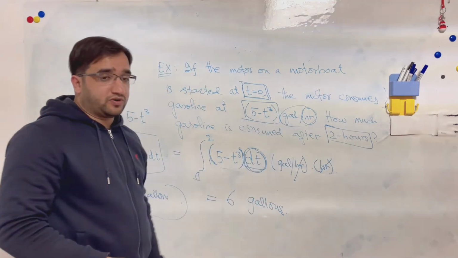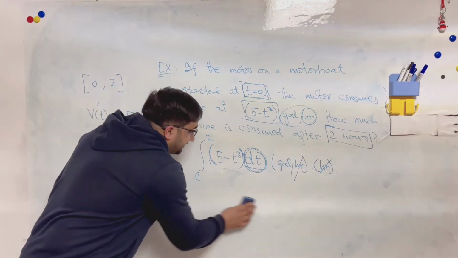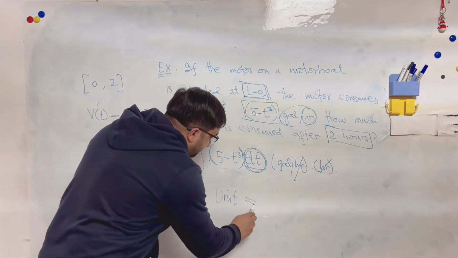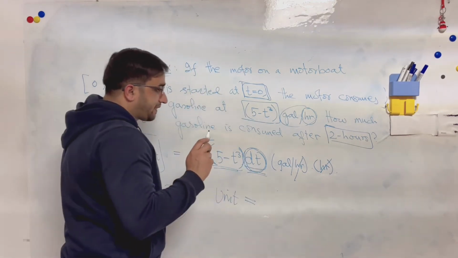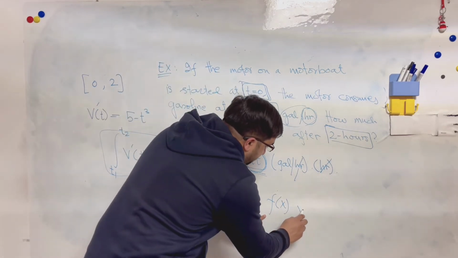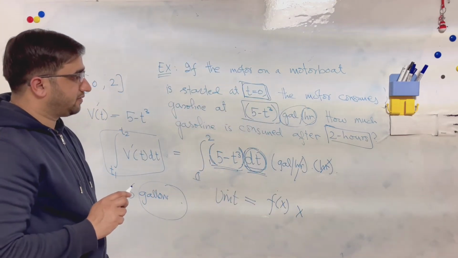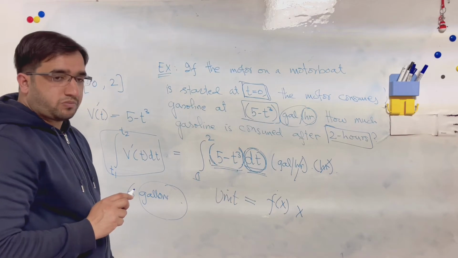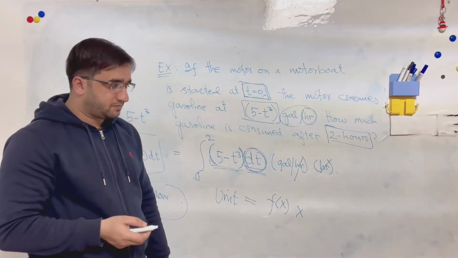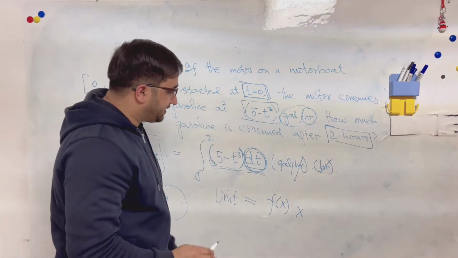One more thing: you will always decide the unit of your answer from these two expressions. If we take all the units of all the expressions and simplify them, they cancel down and leave a new unit.